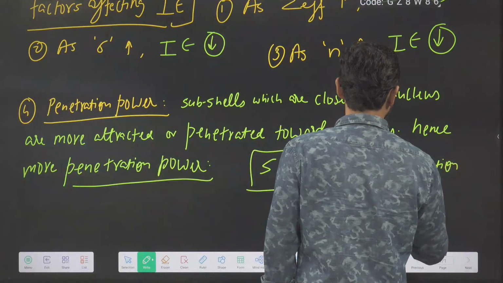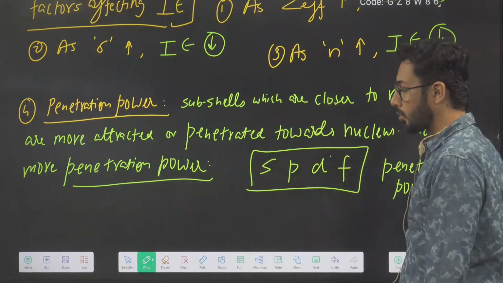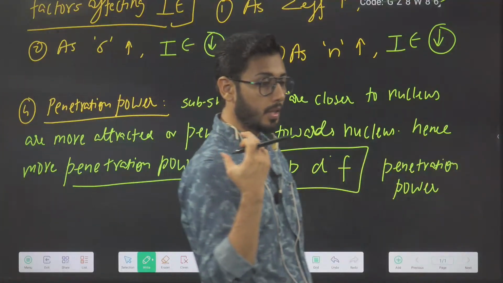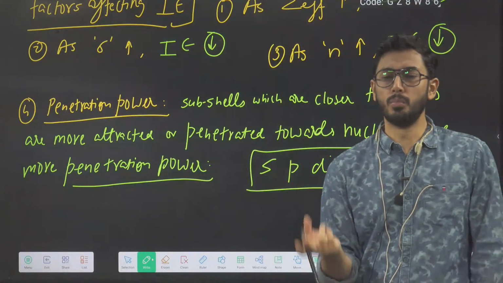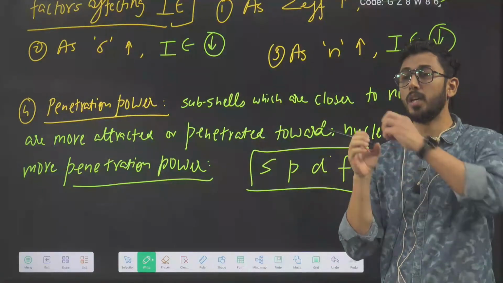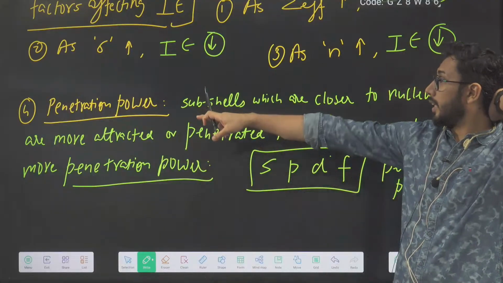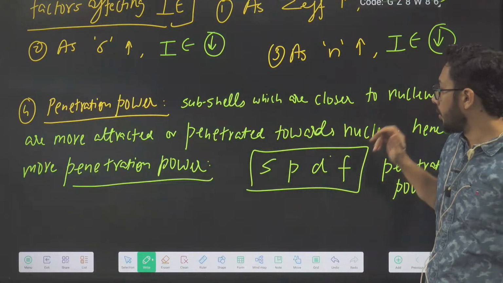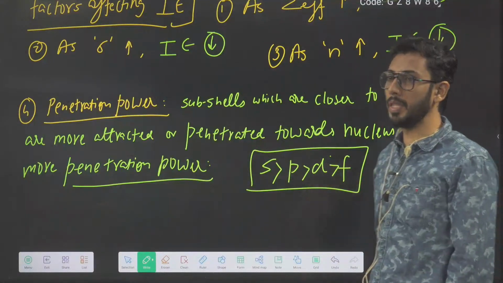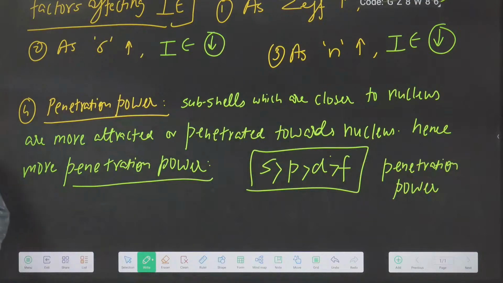So which subshells are closer to the nucleus in their orbitals, electrons are more attracted by the nucleus, more attracted or more penetrated towards the nucleus. So penetration power means more closer or more attracted by the nucleus. That is the meaning of penetration power. So S, P, D, F. Which electrons are most closest? S, then P, then D, and then F. It is the correct penetration power order.